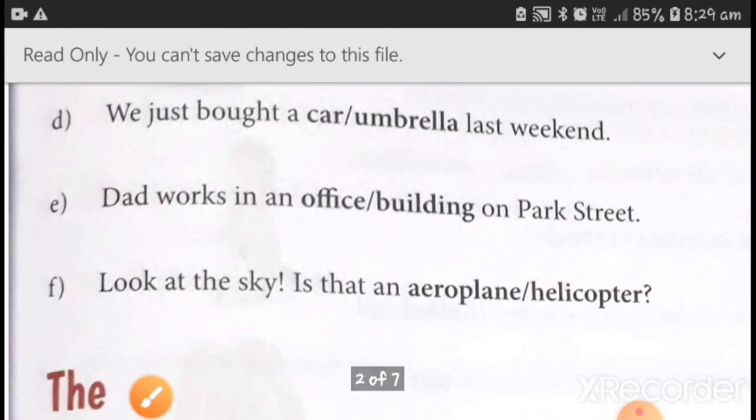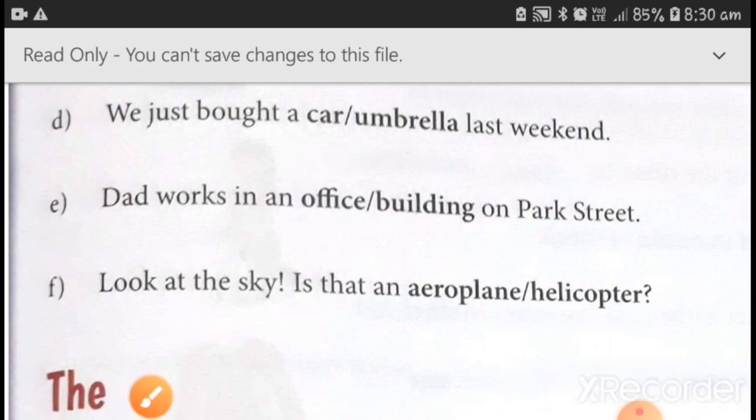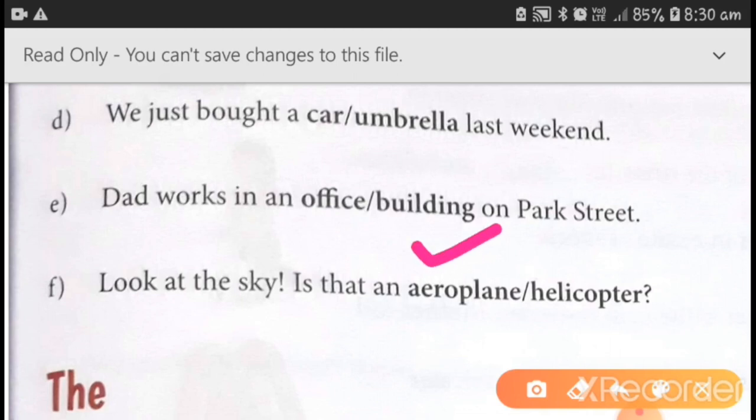Next, E is: Dad works in an office or building on Park Street. So children, what is the answer? An office. Have a look at the last answer: Look at the sky. Is that an aeroplane or a helicopter? It should be an aeroplane because we will not use an before helicopter. It is starting with a consonant sound.